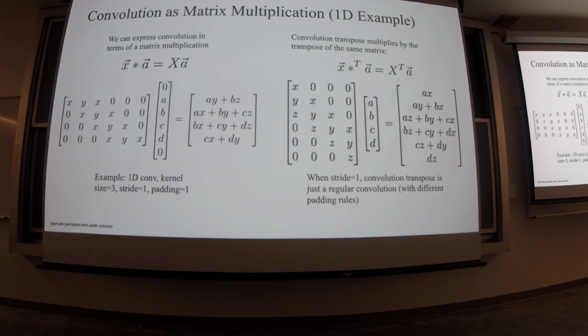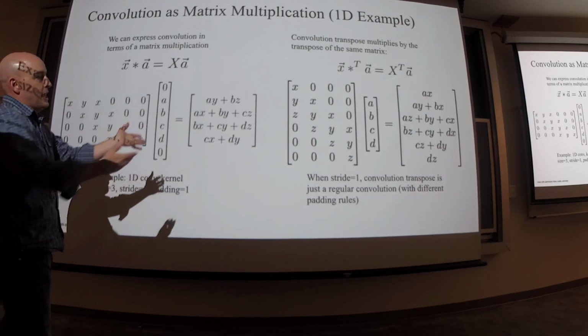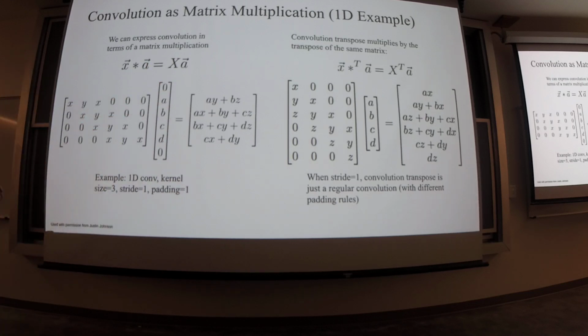You can do the upsampling operation, the transpose operation, literally by transposing this original matrix and matching dimensions, and you get the same output. So that's where the name transpose comes from, and this is probably the best name for it, because it actually suggests what's going on in the math.